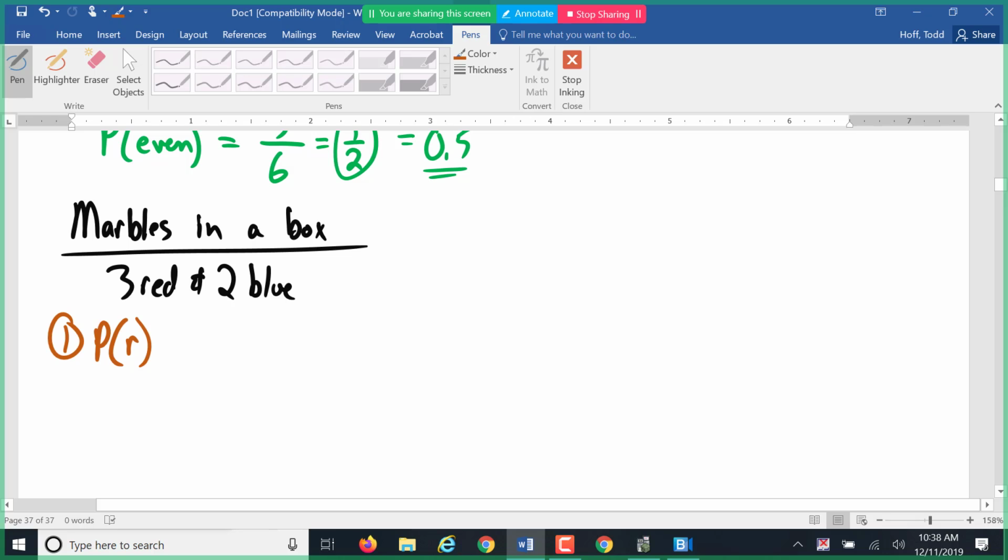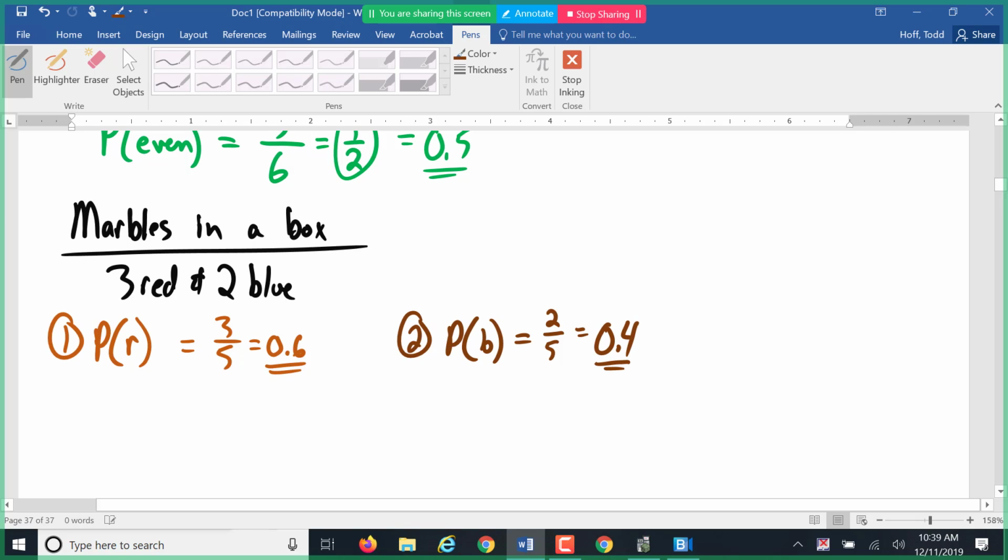I'm just going to use R for red. Well, there's 3 red marbles out of 5 total. 3 out of 5 is a 0.6 probability. Second question I'm going to ask, assuming it's all back to the 3 red and 2 blue again, what's the probability of reaching in there and getting a blue? Well, there's 2 blue in there out of 5 total. So 2 out of 5 is a 0.4 probability.